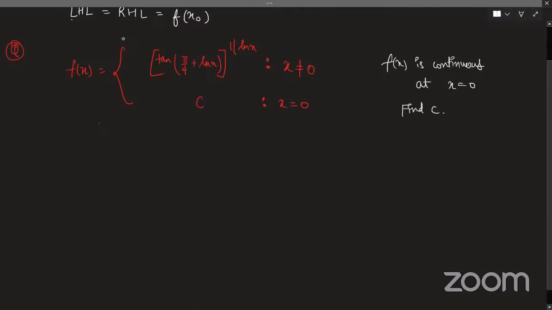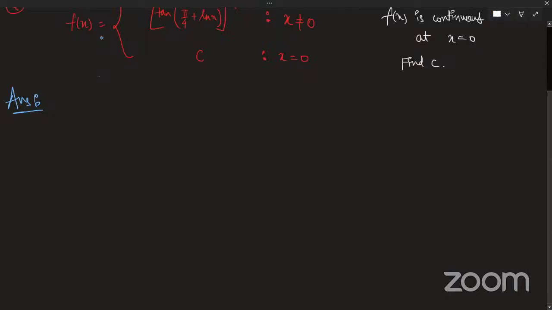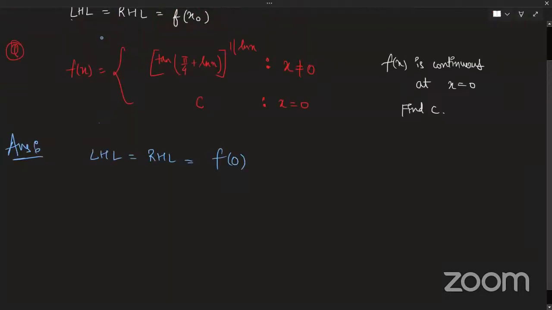Yesterday, as we discussed, it is very easy. We know that if the function is continuous at a point, the left hand limit is equal to the right hand limit is equal to the value at that point. We are talking about x equal to 0. So f of 0, can anyone tell me the value? When x is equal to 0, what is the value of f of x?